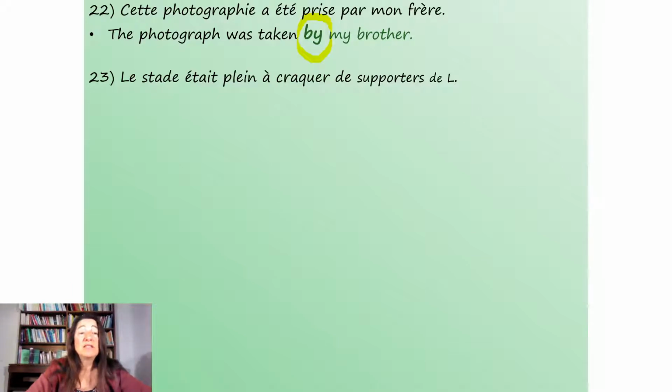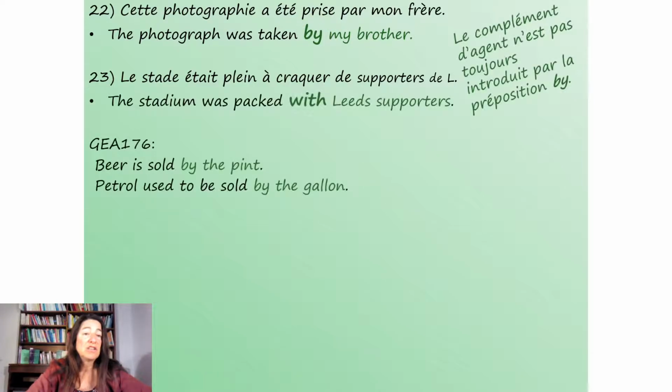So, for instance, in le stade était plein à craquer de supporters de Leeds, the preposition cannot be by, it has to be with. The stadium was packed with Leeds supporters. So you need to check what preposition works with the verb you're using. On page 176, an interesting remark as regards by.